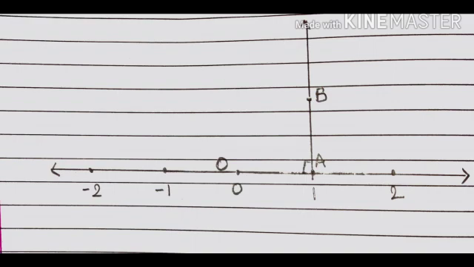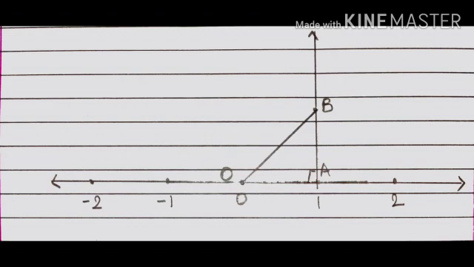For example, if the length of OA is 1 centimeter, then the length of AB should also be 1 centimeter.